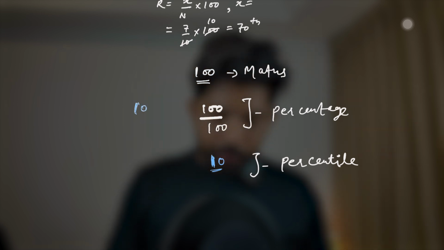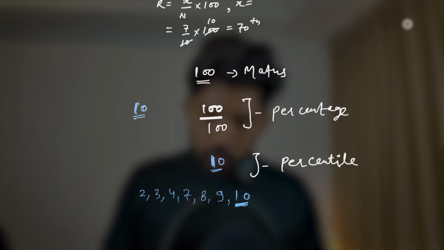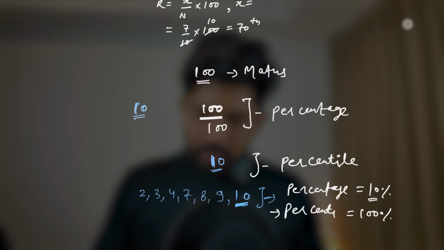And if all those students scored, let's say 2, 3, 4, 7, 8, 9, or let's say he scored the highest mark 10, correct? So out of 100, this percentage is only 10%. But as he scored the highest marks, his percentile is 100. Percentile is 100. Let me remove this percentage sign.